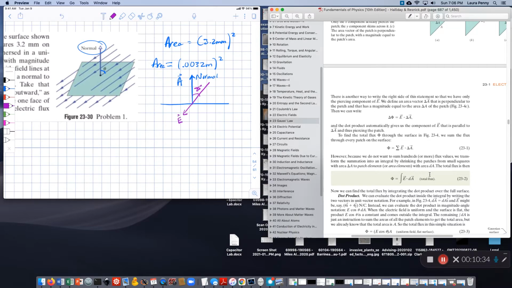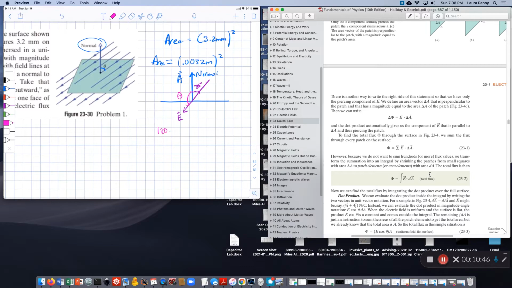But here's my electric field. So the angle between the electric field and the area vector is actually this one. This is my theta. So that's 180 minus 35 degrees. So my theta is 180 minus 35, or 145 degrees.